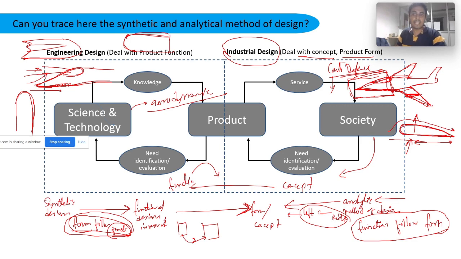It is not purely styling or ergonomics. This is derived from the engineering requirements, the functional requirements. But there can also be the analytical approach where things come from the perspective of a societal need. Both approaches are correct.